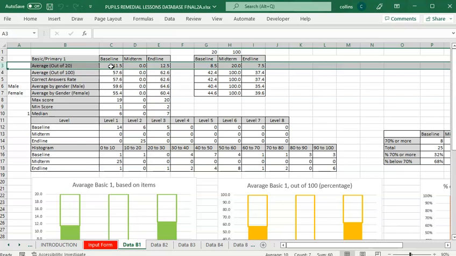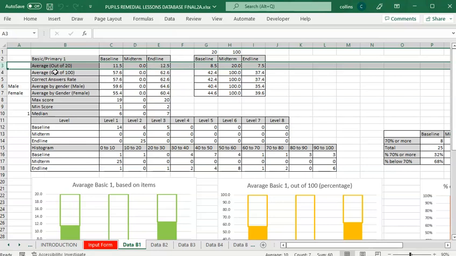On the other hand, the endline was 12.5. And you can find the difference to get the marginal increase or decrease. Here you can see that there was a marginal increase of 1.